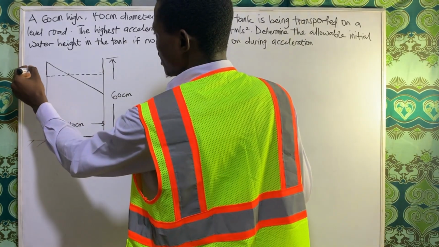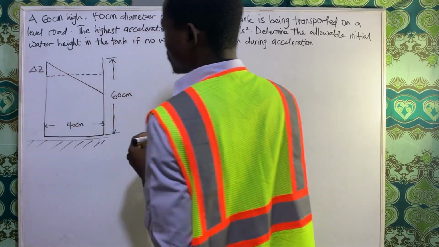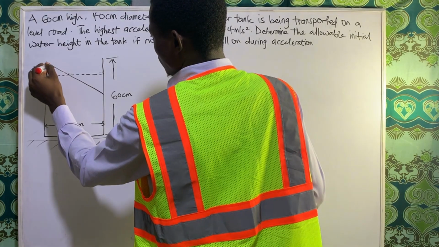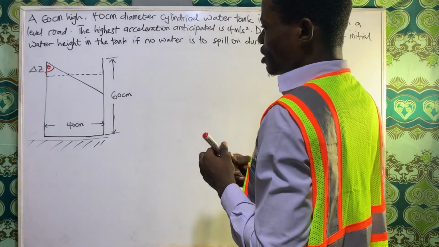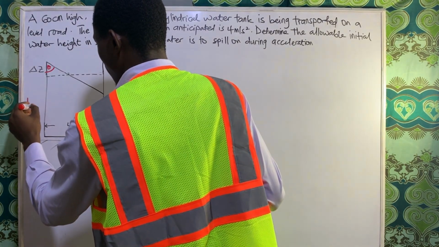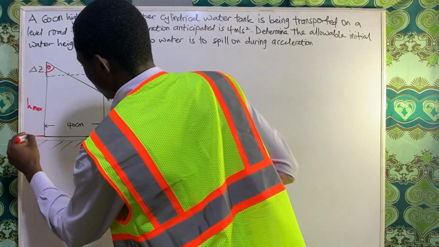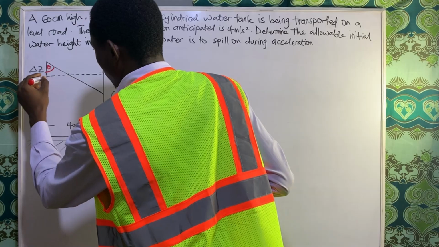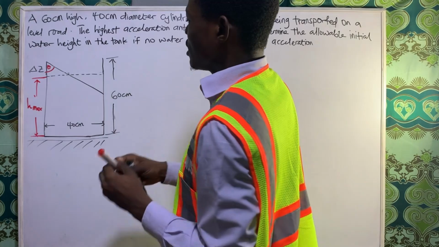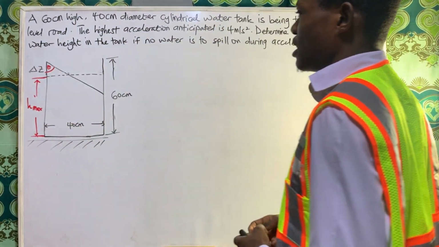Let's name this side delta z, give this angle theta, and this is our h max, the maximum height we want. In order to get the maximum height, we have to find delta z here.